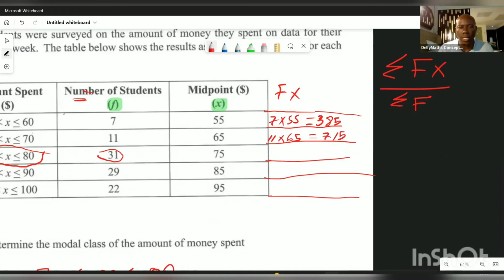The next one is 31 times 75, which is 2,325.